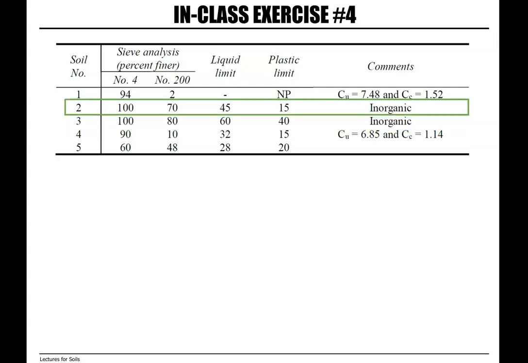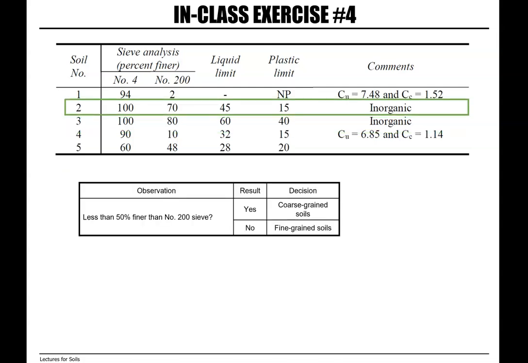Sample number 2, we start by looking at percent passing from number 200. In this example, it's 70%, which is less than 50%? No, it's not. More than 50% is passing through sieve number 200, which means that we have a fine-grained soil.